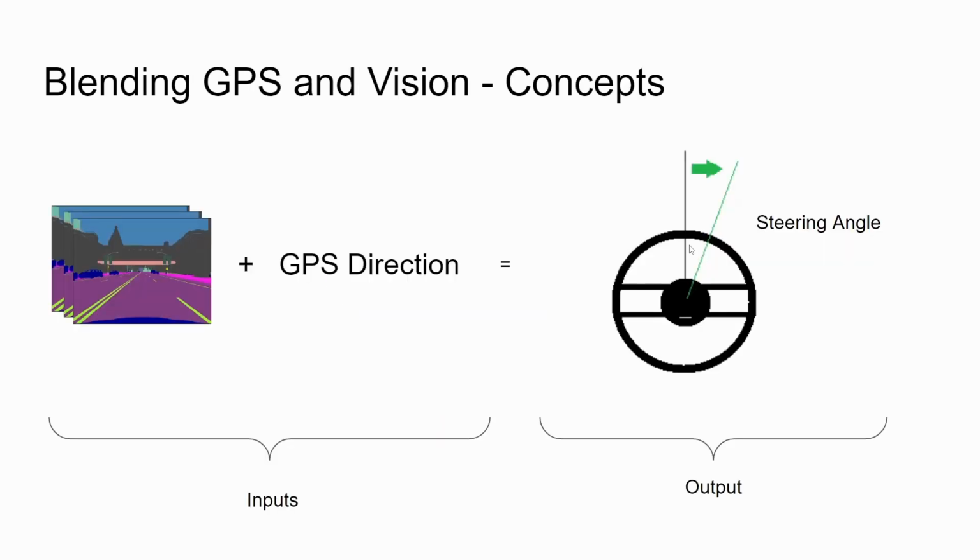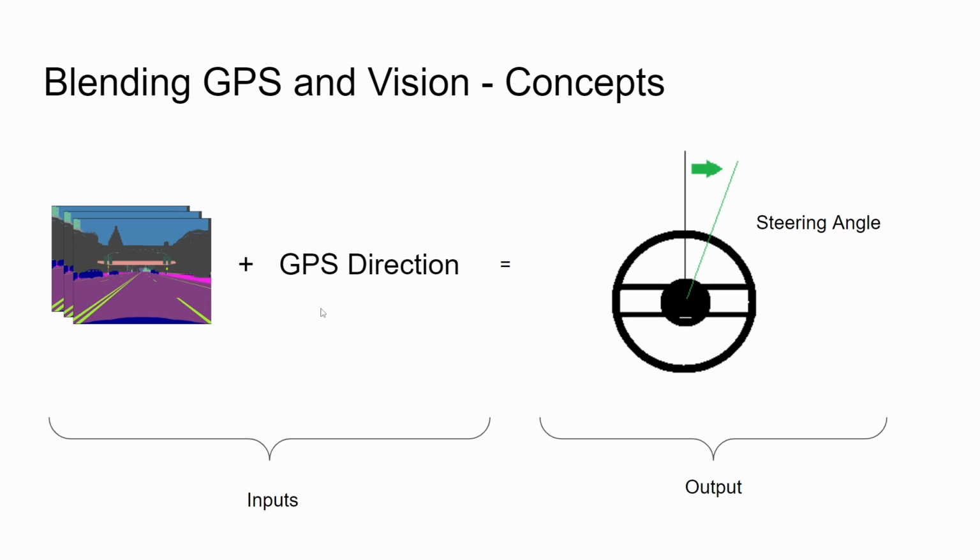Okay, in our specific case, what we're trying to do is we've got our inputs, and a significant part of the inputs is these images, and we've got our output, which is a steering angle that we need to predict. We also need to incorporate our GPS direction.